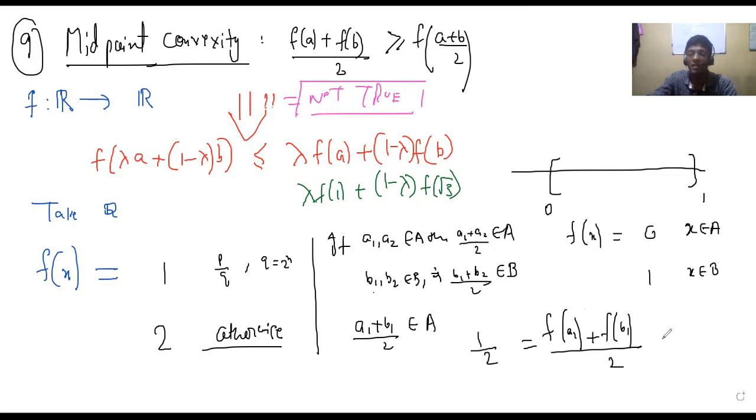But the average is in A, right? So it means that this thing is 0. Yeah. So if you can find these kind of sets, I mean A and A complement like this, then it will work. Both have to be closed.